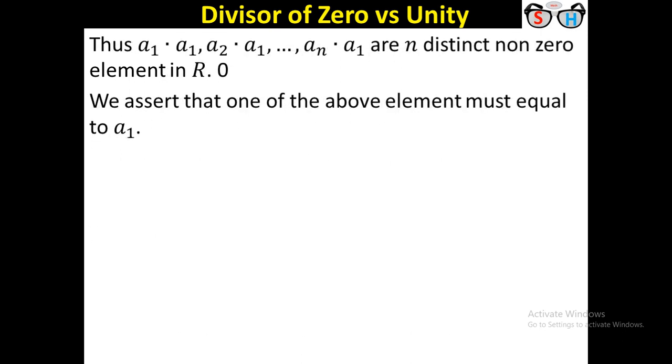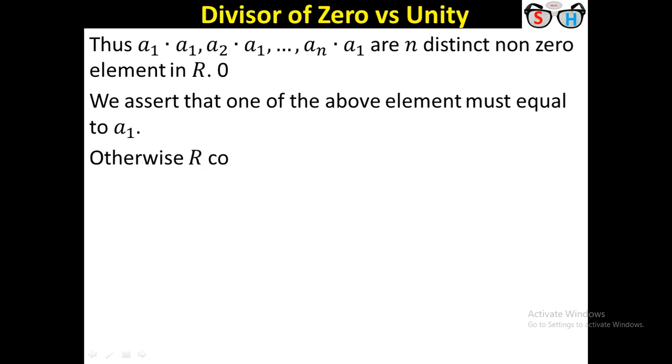Because you see that the number of non-zero elements is n, and these are all distinct. If a1 is distinct from every element of the n elements, then the number of non-zero elements is at least n plus 1, because there are n elements and there is another one.